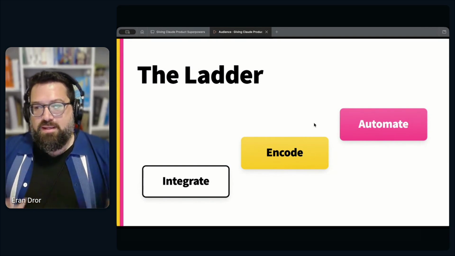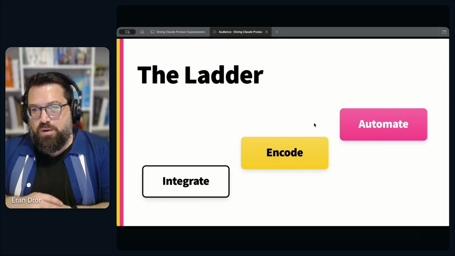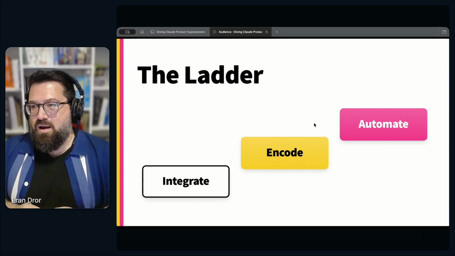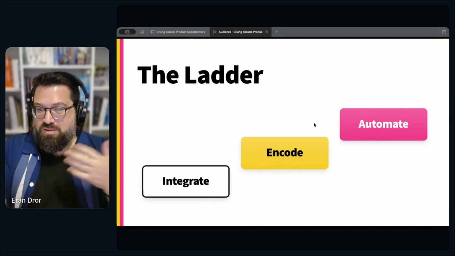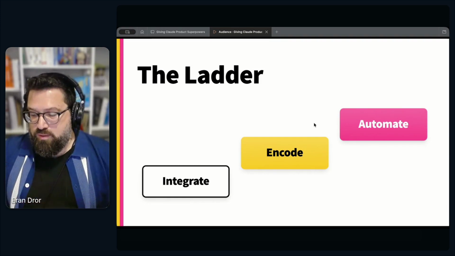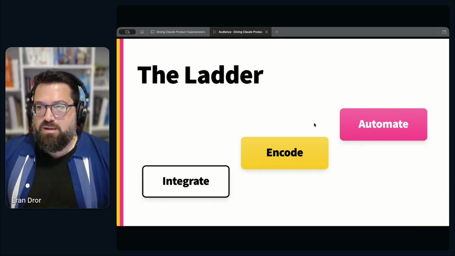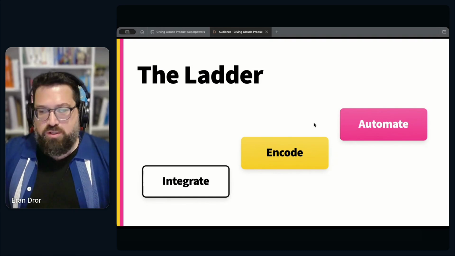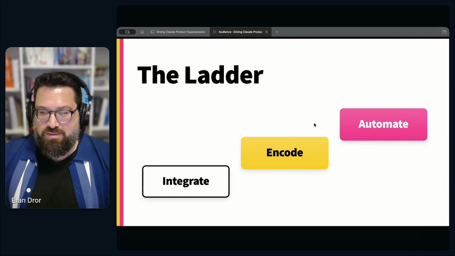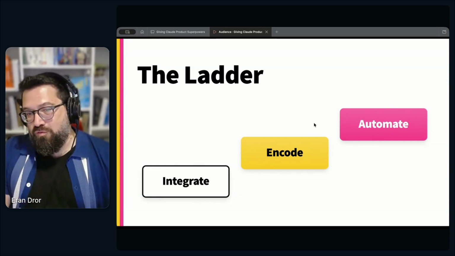Then you start using it and you find things that work and you encode them in skills, right? So you write a couple of skills and if they work well, maybe you share them with your team. Then you write a few more skills. Eventually you get to the point where everything you type again, you turn into a skill because you realize, I never want to repeat this instruction again. So that's the encode phase.